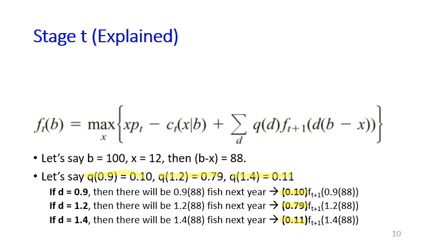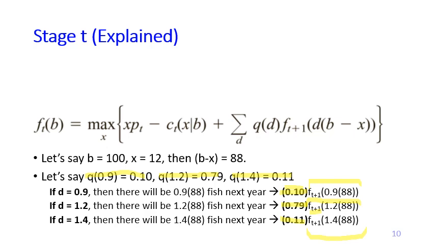So with probability 0.10, our expected net profit for the year T plus 1 until the end of the problem is this. And with probability of 0.79, our expected profit for the year T plus 1 until the end of the problem is this. And with the probability of 0.11, this is our expected profit for the year T plus 1 until the end of the problem.